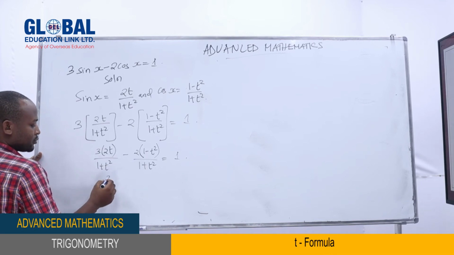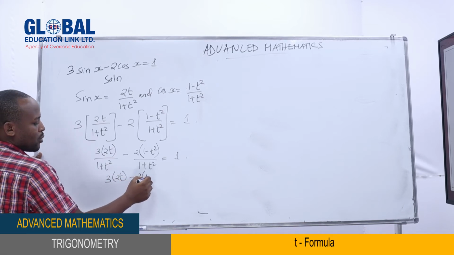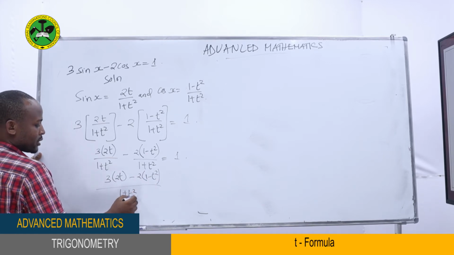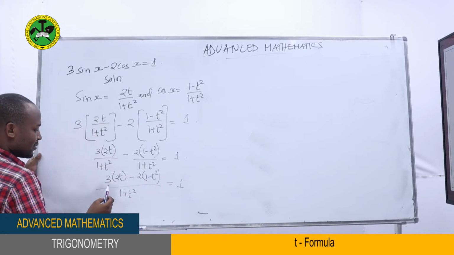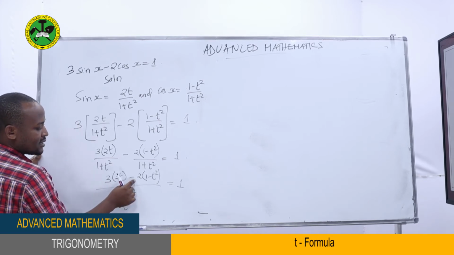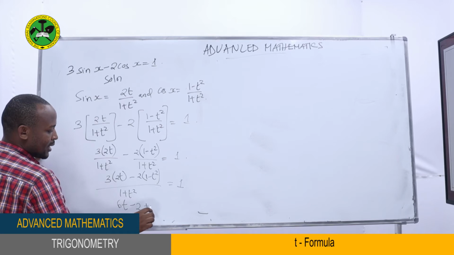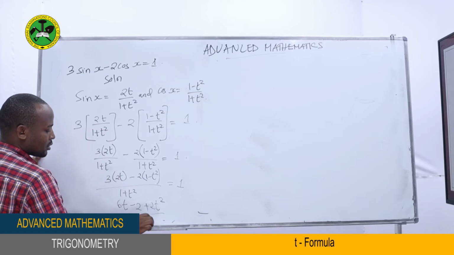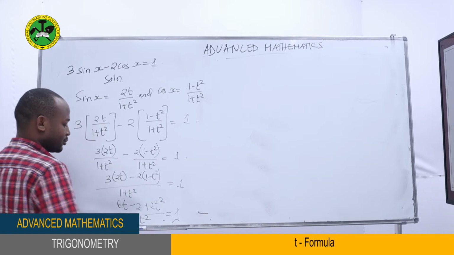We're going to have 3 times 2t minus 2 times 1 minus t square, and all of this is over 1 plus t square, because the denominators are the same, equals 1. If we simplify that more, we're going to have 6t, negative 2 times 1 is negative 2, negative 2 times negative t square equals plus 2t square, over 1 plus t square equals 1.